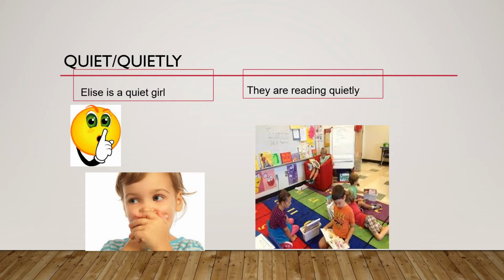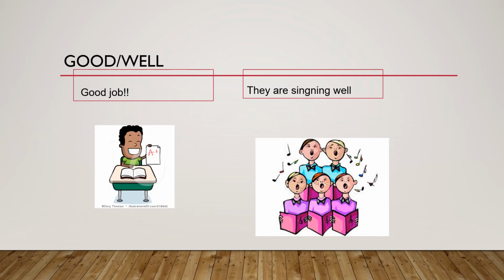Quiet, quietly. Elsie is a quiet girl. We are describing the girl with an adjective. They are reading quietly. We are describing the action, how they read. Good, well. Good job. Okay, we're describing a job.